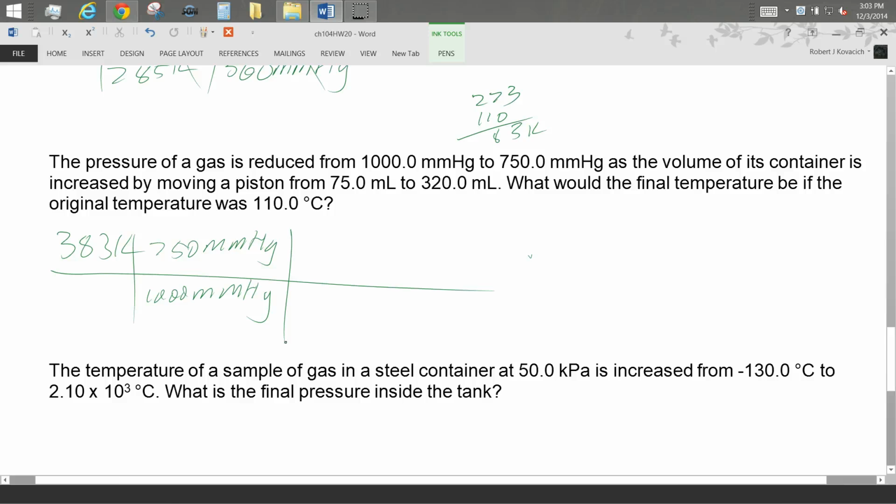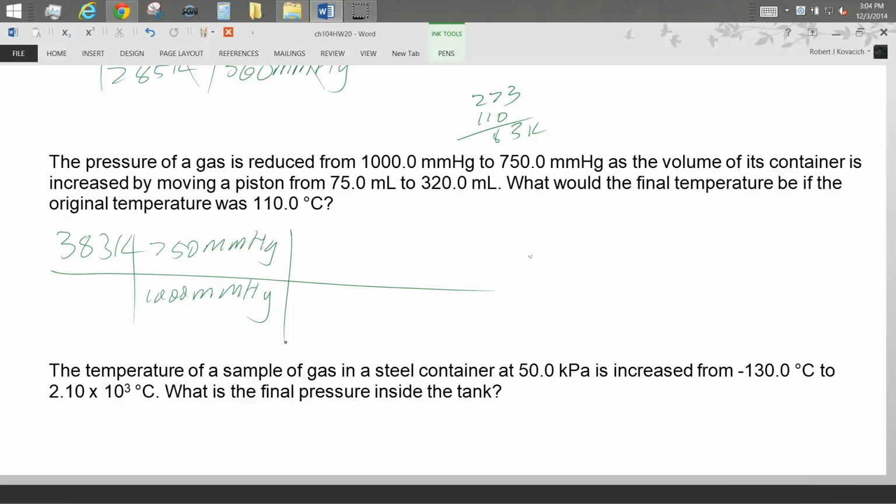All right, so the volume of the container is increased by moving the piston from 75 to 320 milliliters. So what's the relationship between temperature and volume? They're both direct. If you increase the temperature of a balloon, what's the balloon going to do?